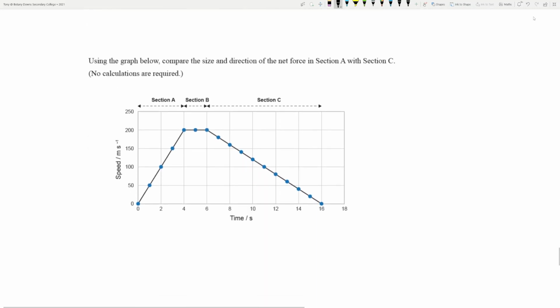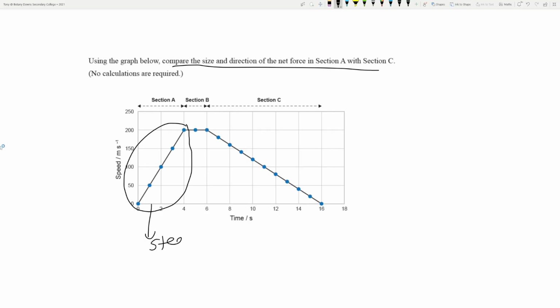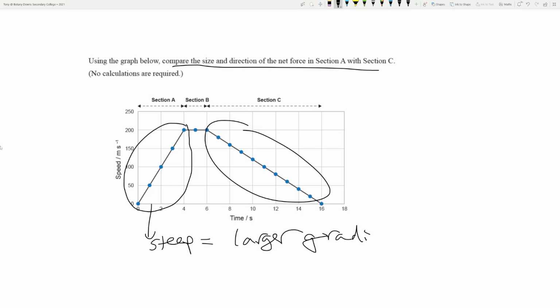Okay, so we're going to use it below to compare the forces. We already kind of did that. If you look at this particular graph, you can see that for section A, can you see how steep this is? This graph is much steeper than this one. So when you have a steeper graph, that means you have a larger gradient. This is a speed time graph. The gradient of a speed time graph is acceleration.